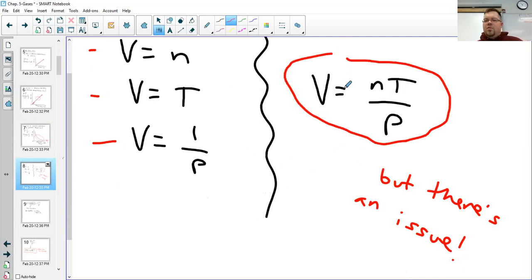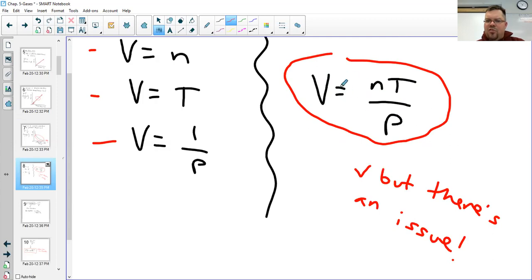But there's an issue with this, if you notice. What we're saying is volume, which is liters, is equal to moles times Kelvin over atmospheres. Well, the units of volume, liters, don't equal moles Kelvin over atmospheres. So we have to take care of this issue.